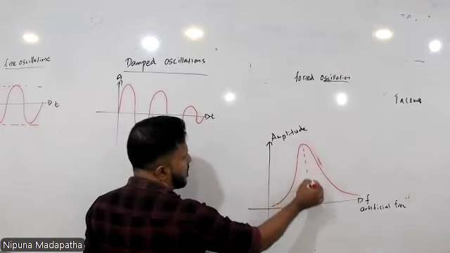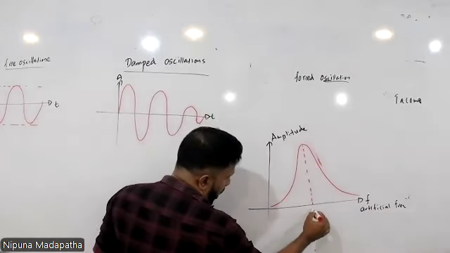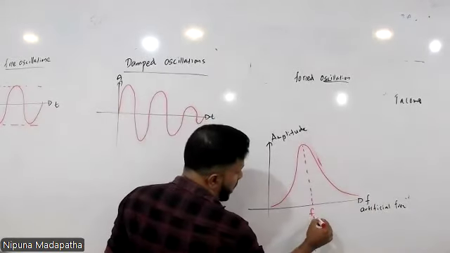So amplitude becomes maximum when the artificial frequency is equal to the natural frequency.